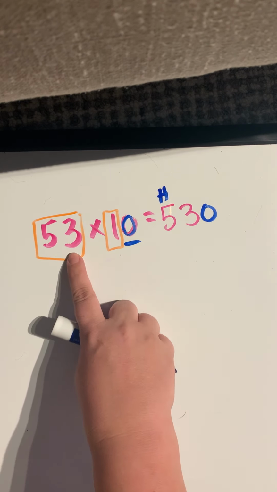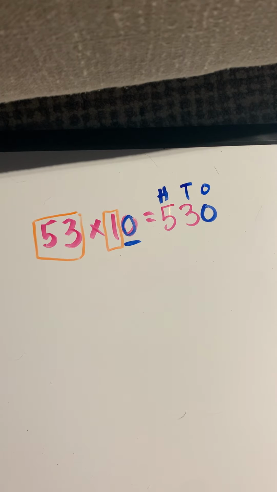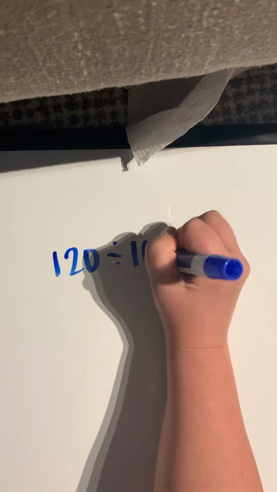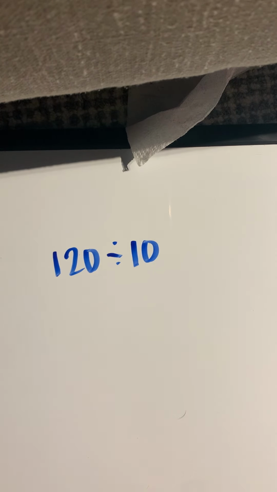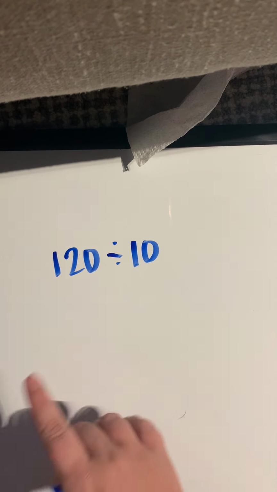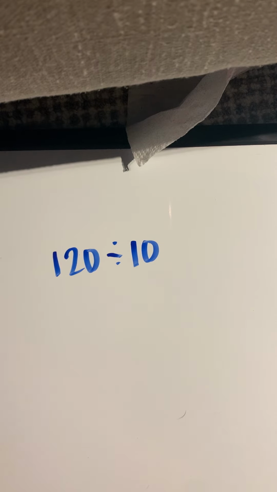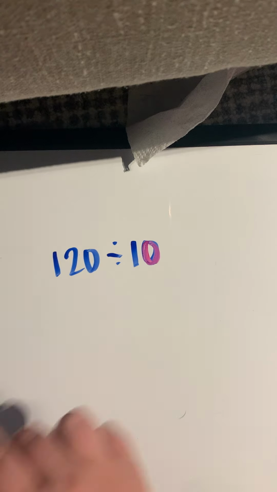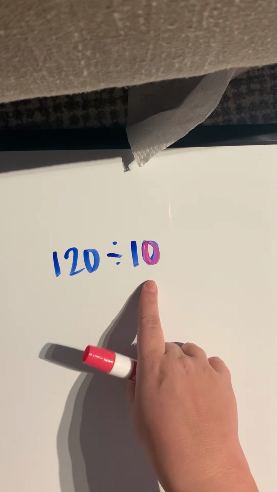Okay, so let's take a look at another example like this, except let's look at division. You're not going to be doing division today, but I think it's important that you see this. So if I have 120 divided by 10, remember our trick with this. How many zeros do I have in the number 10? I just have this one, right?